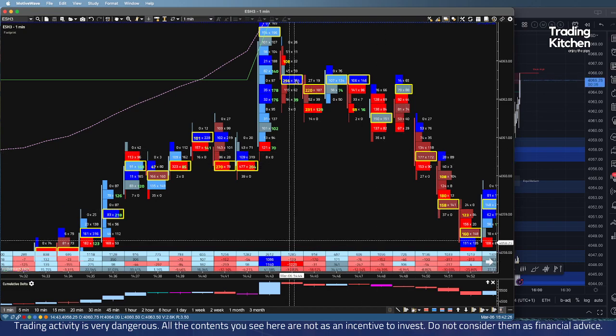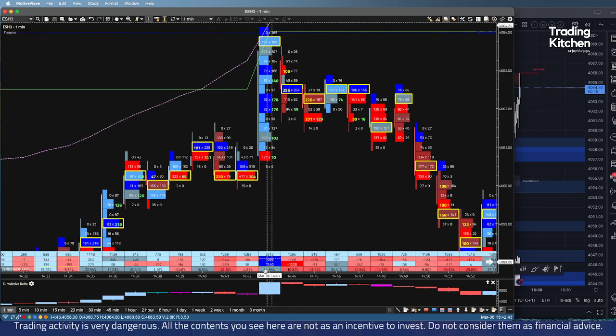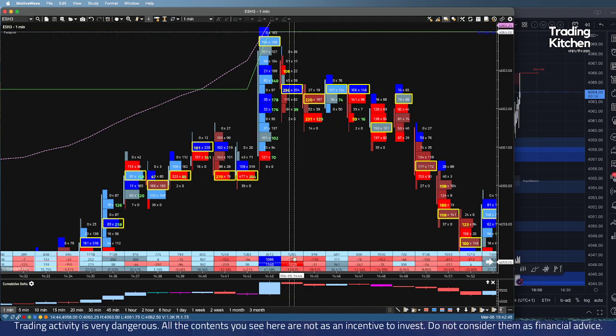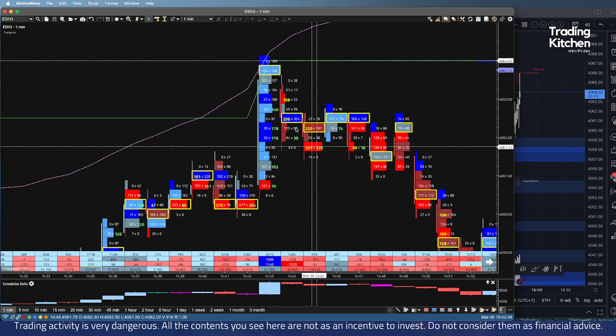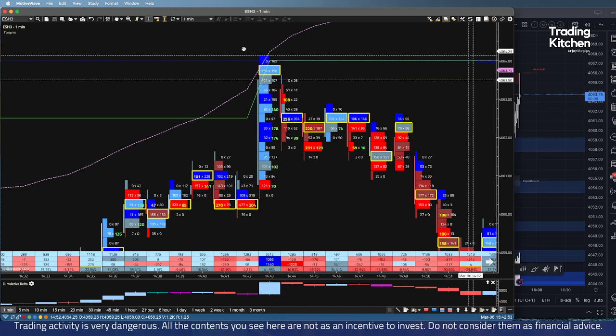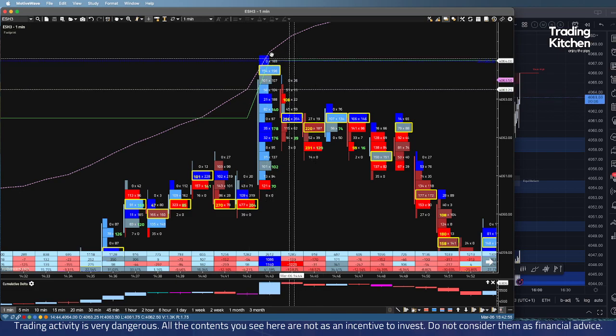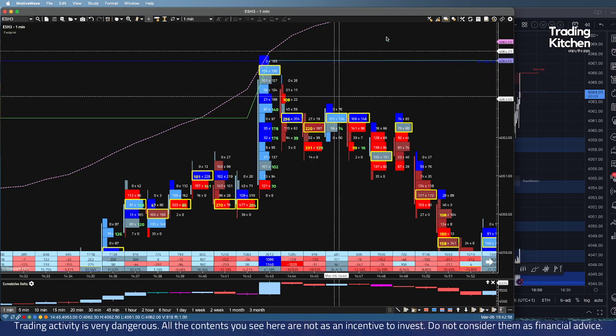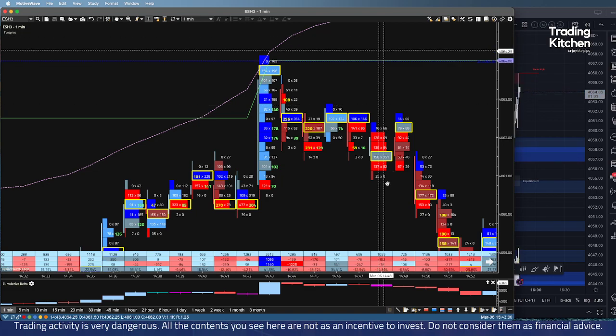Look at the red numbers. For example, 1020 to 1225 of delta change here, after this huge climax. If the price breaks the structure above, it means price is going up.